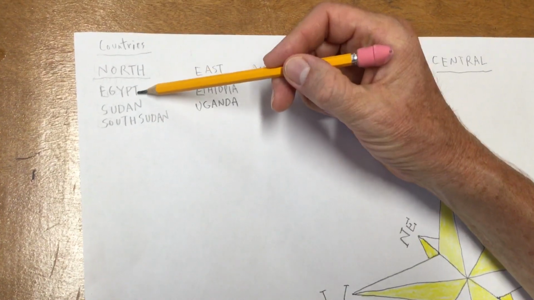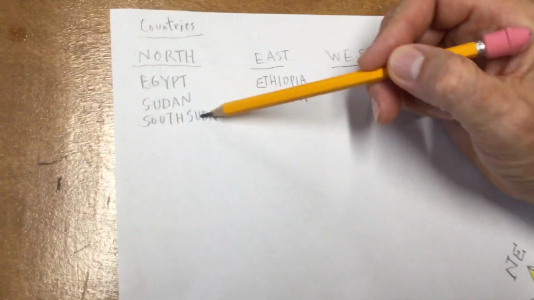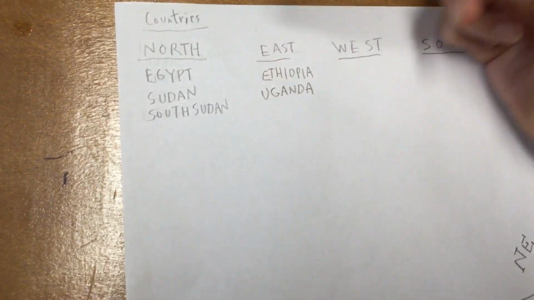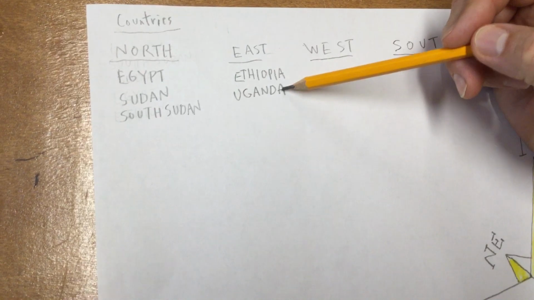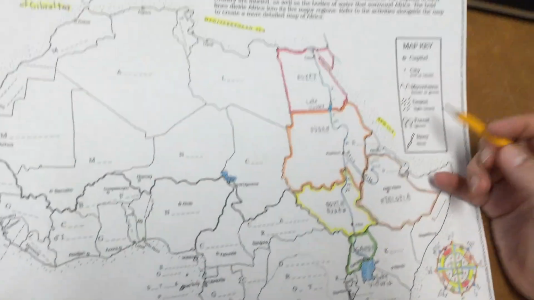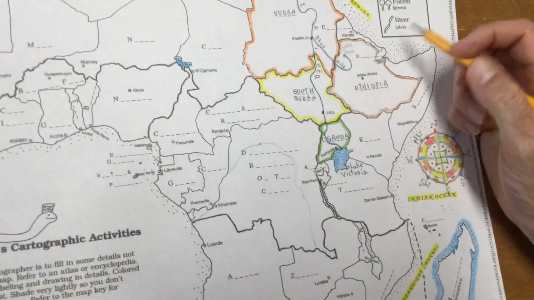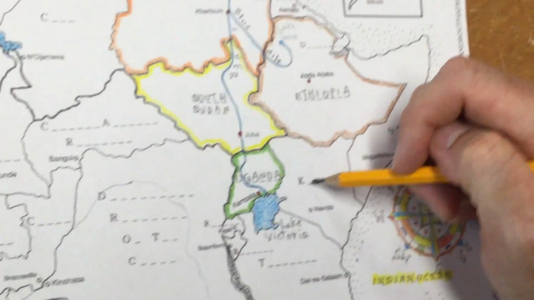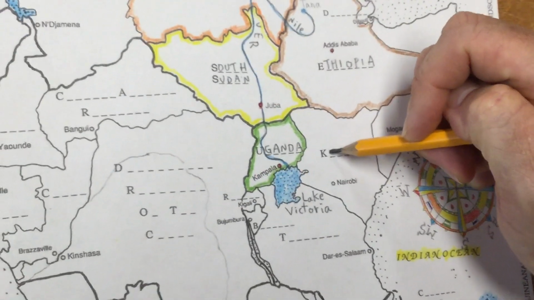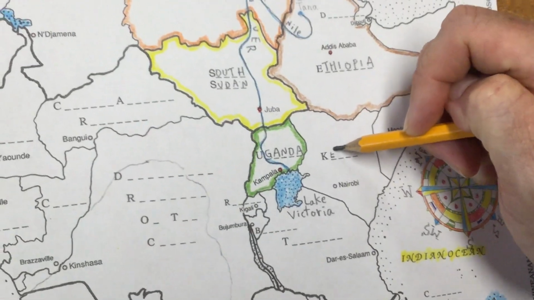So far I've put Egypt, Sudan, and South Sudan in the north, and Ethiopia and Uganda in the east. Let's do one more in the east, just for the fun of it. We didn't get to all of them, but we could label this one Kenya.